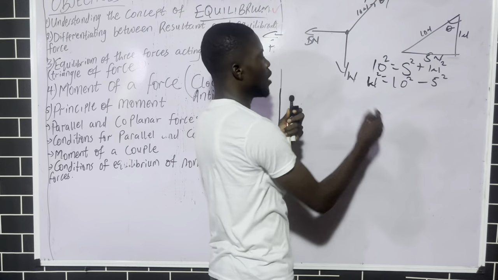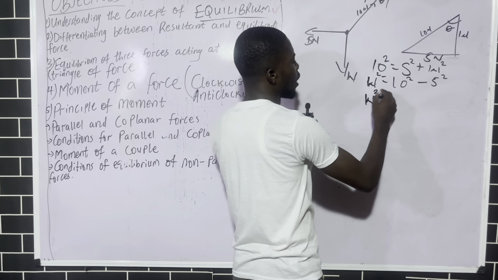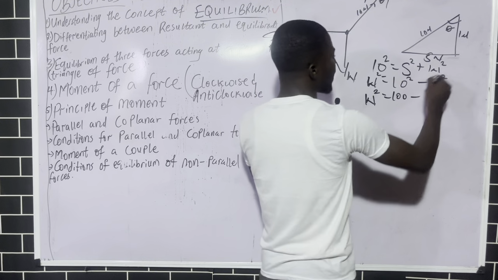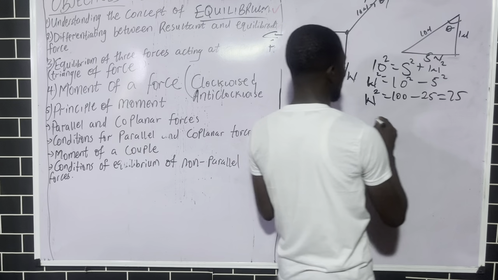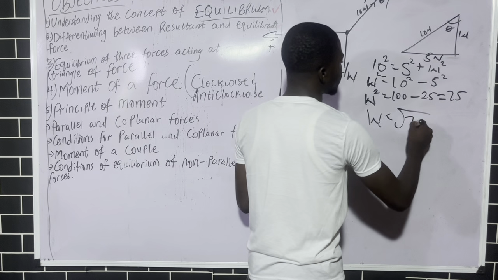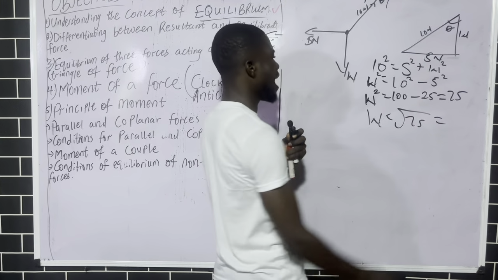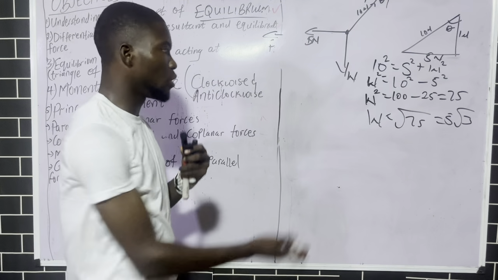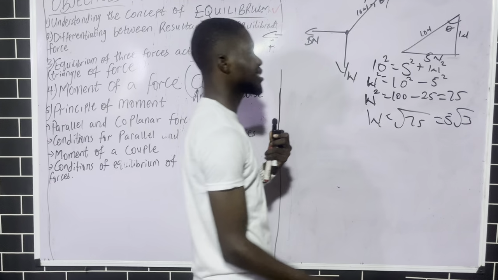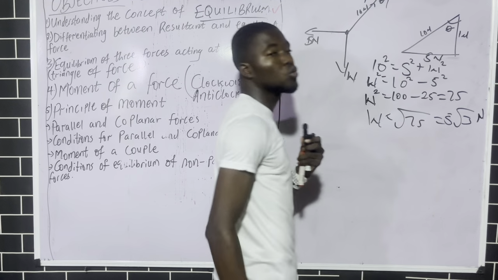We're looking for W. So W square, 10 square is 100, 5 square is 25. 100 minus 25 is 75. So W will be equal to square root of 75. That's 25 times 3, that's 5 root 3 Newton. As easy as that.